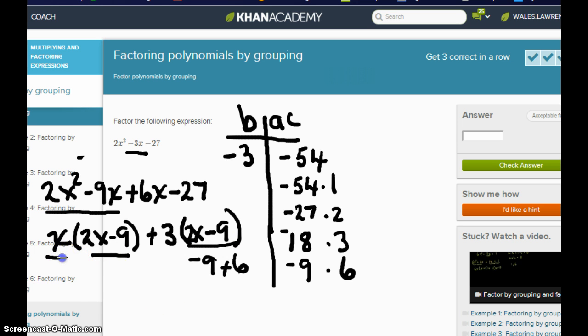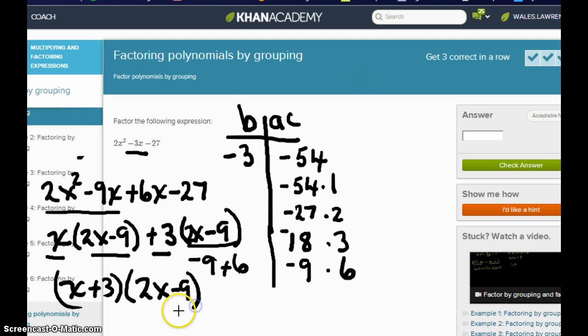So now my answer is x plus 3 times 2x minus 9. Well, let's say if we had rewritten this the other way. 2x squared plus 6x minus 9x minus 27. Does it make a difference?